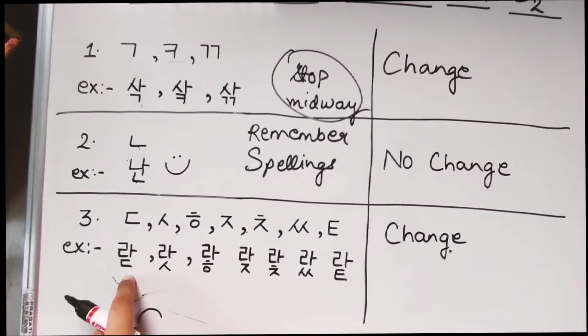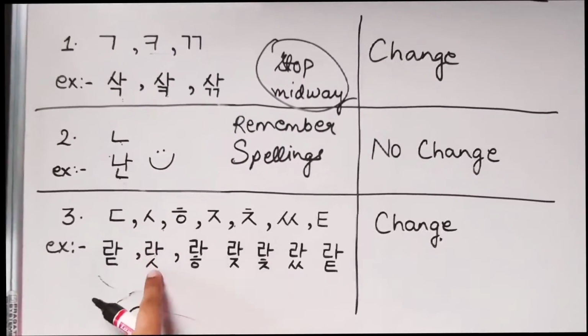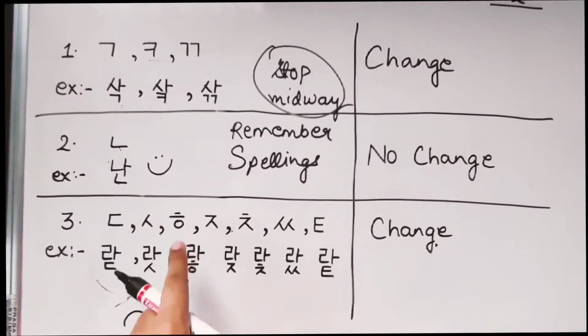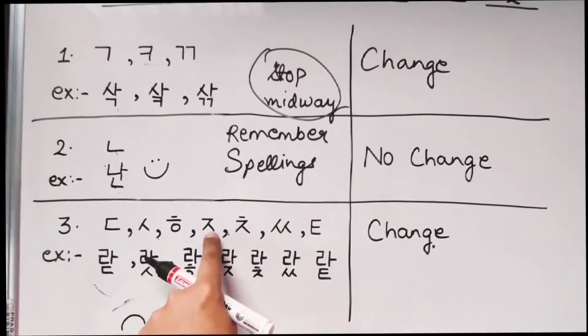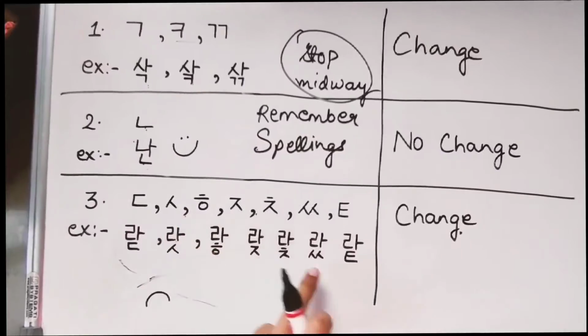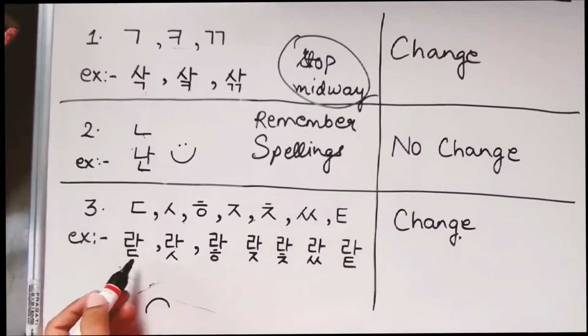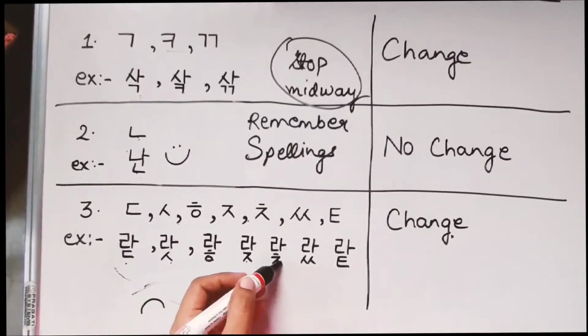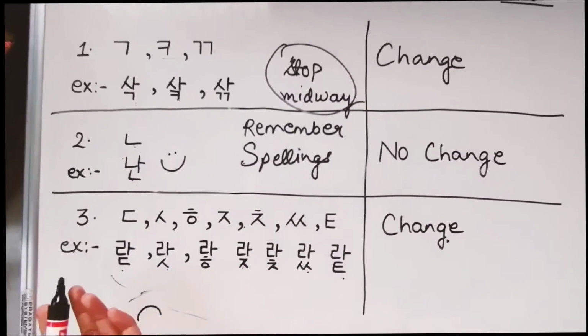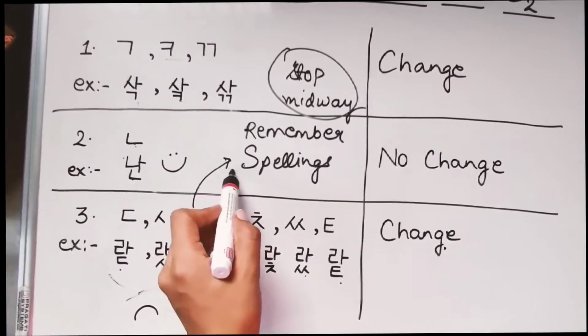Now, if I add these respective consonants at C2 position, then they will be pronounced as rat. I am saying rat with a stop midway. Do you notice the difference? And all these syllables would be pronounced just the same, no matter which consonant it is.